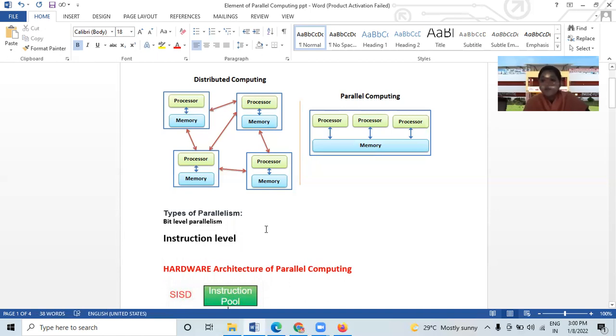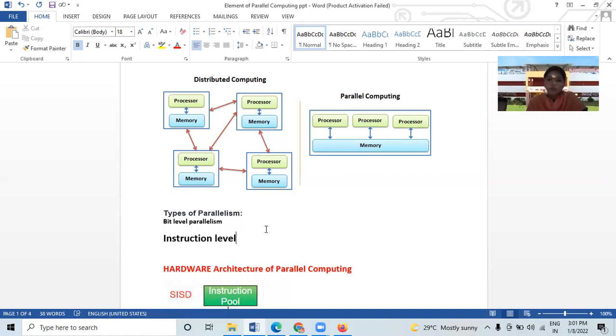In instruction level parallelism, a processor can only address less than one instruction each clock cycle phase. The groups which are later executed concurrently without affecting the result of the program, this is called instruction level parallelism. The processor can only address less than one instruction, meaning whichever instruction is given, the processor will call that instruction. So this comes under instruction level parallelism.